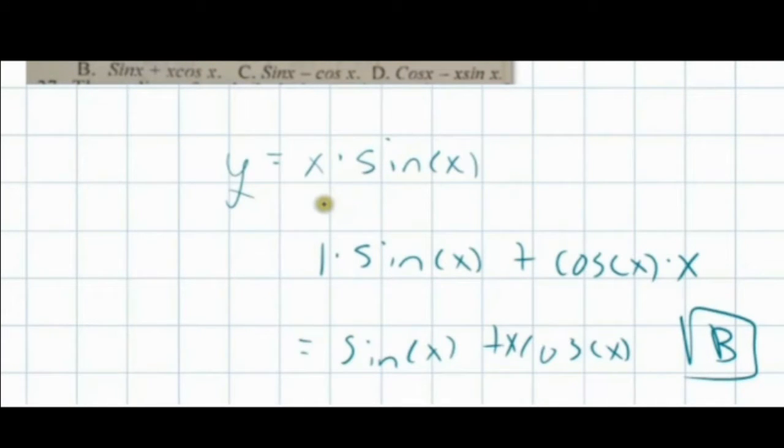Question 36 says if y is equal to x times the sine of x, find dy dx. So for this one, we have to use the product rule. And so that says that we're going to take the derivative of the first part and multiply it by the second part left alone. Then we're going to take the derivative of the second part and multiply it by the first part left alone, which sometimes will be written like this.